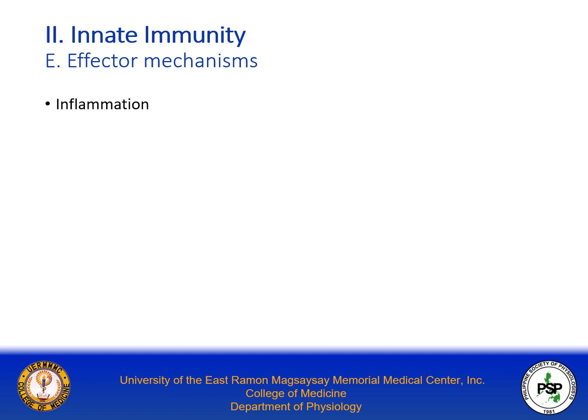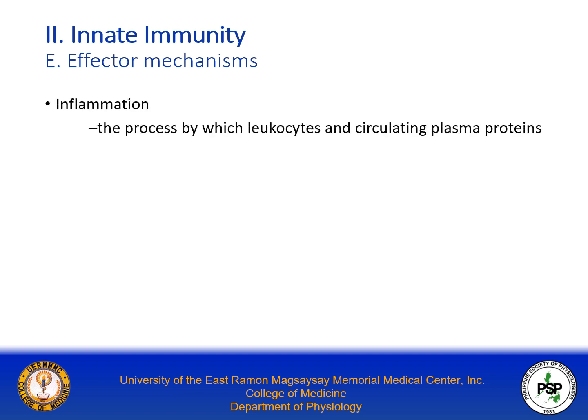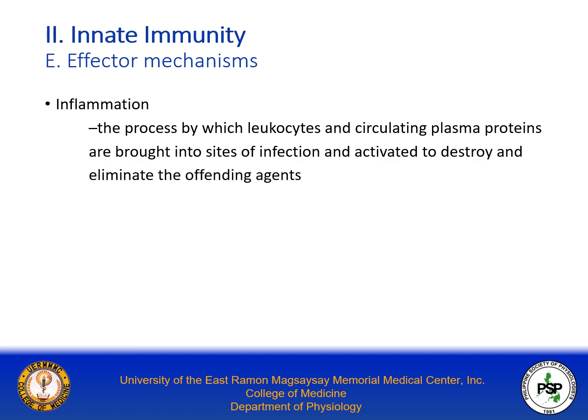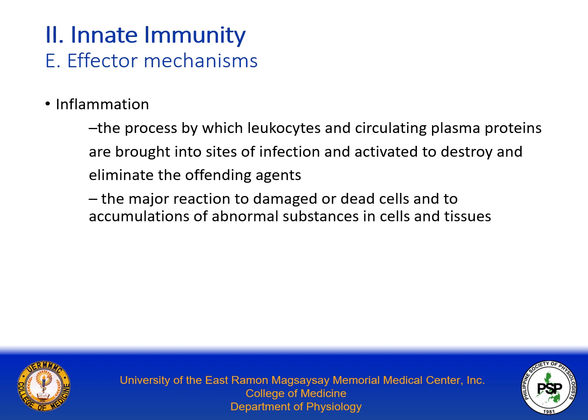Effector mechanisms. Now, the two effector mechanisms under your innate immunity are inflammation. Now, inflammation is a process by which leukocytes and circulating plasma proteins are brought to the site of infection. And the main objective, of course, is to eliminate the offending agents.